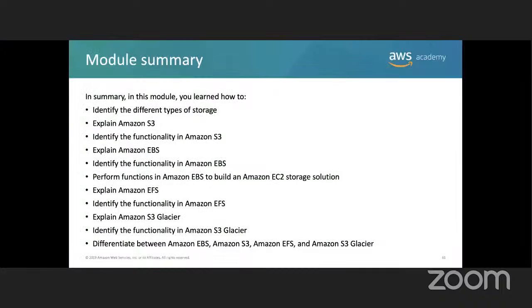So what is the module summary of this class today? In this module, you learned how to identify the different types of storage, explain Amazon S3, identify the functionality in Amazon S3, explain Amazon EBS, identify the functionality in Amazon EBS, perform functions in Amazon EBS to build an Amazon EC2 storage solution, explain Amazon EFS, identify the functionality in Amazon EFS, explain Amazon S3 Glacier, identify the functionality in Amazon S3 Glacier, and differentiate between Amazon EBS, Amazon S3, Amazon EFS, and Amazon S3 Glacier.